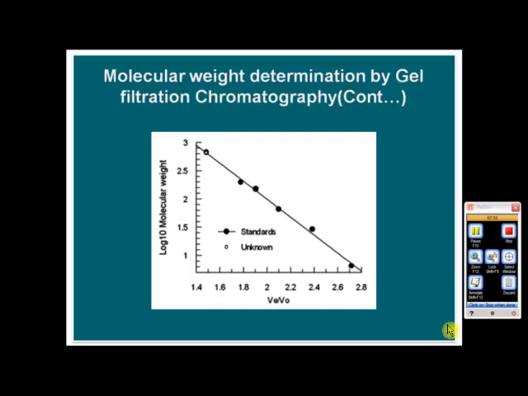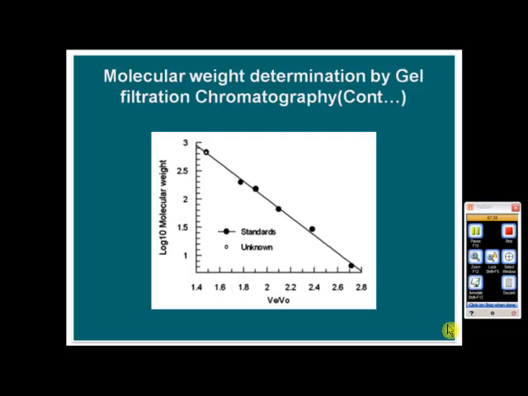Just like we do estimation, based on the standard curve you will get your test sample concentration. In a similar manner, first we run the known molecular weight markers. After that, you run your purified enzyme, and plot a graph based on the elution volume, Ve, or void volume, Vo.